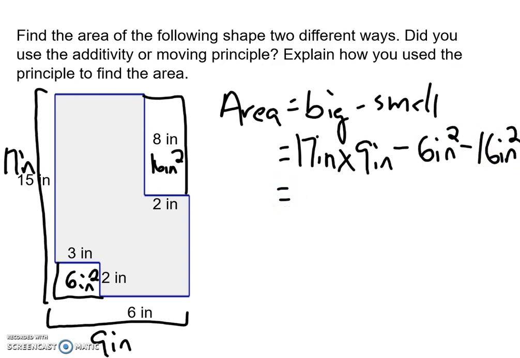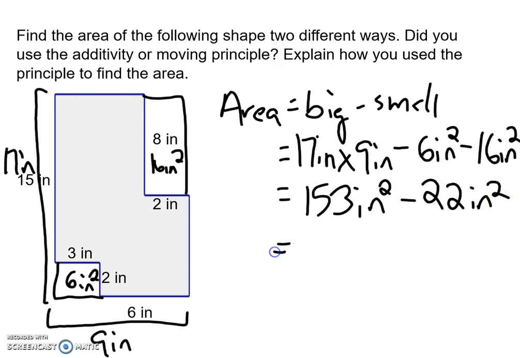So 17 times 9 is 153 square inches. And then we're subtracting, really, you guys subtract 22 square inches. And 153 minus 22 is 131 square inches. So whether I split it up into small rectangles and add the 3 values together, or I take the large rectangle and subtract out the pieces that don't exist in the image, it'll give me the same solution in the end.